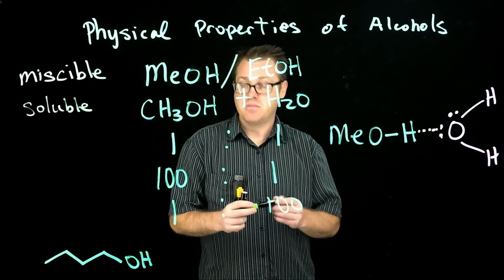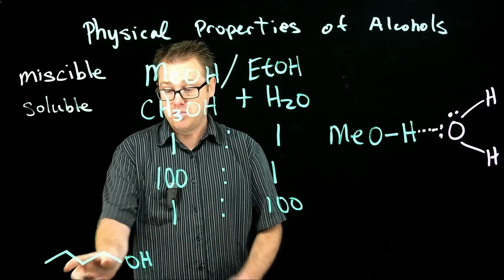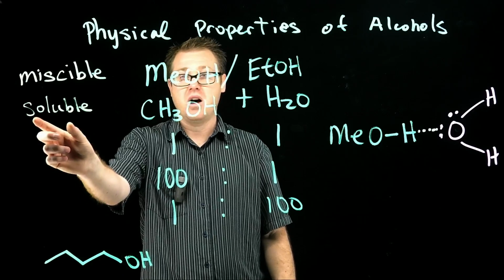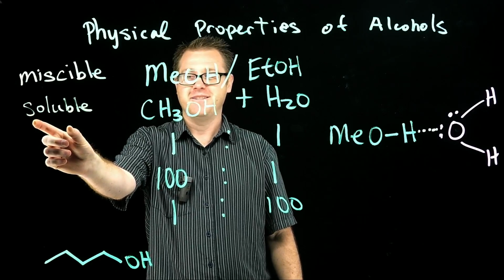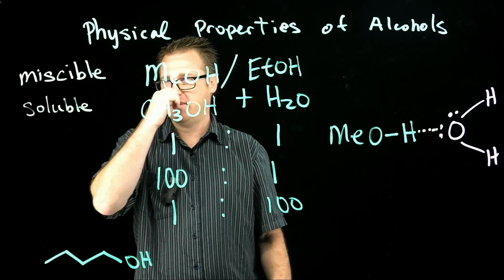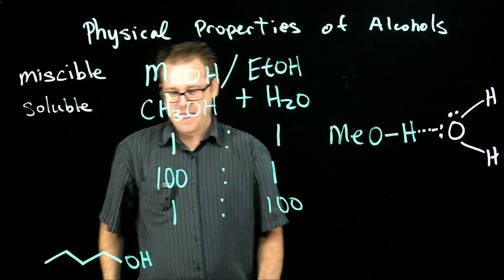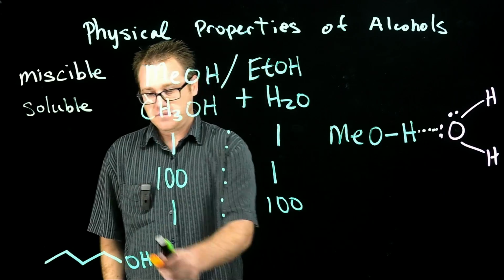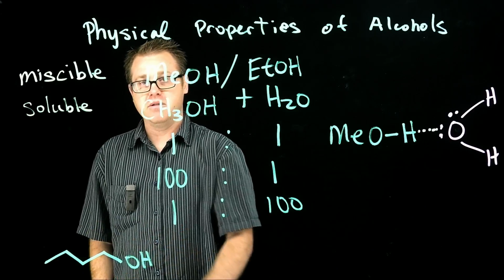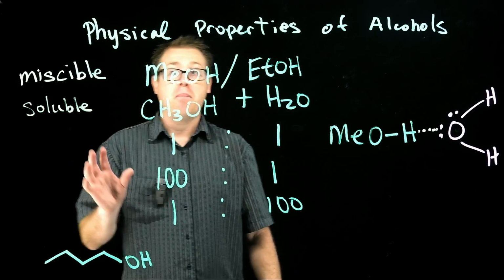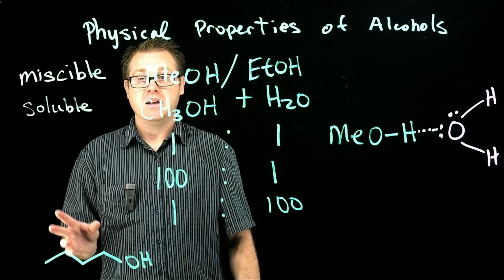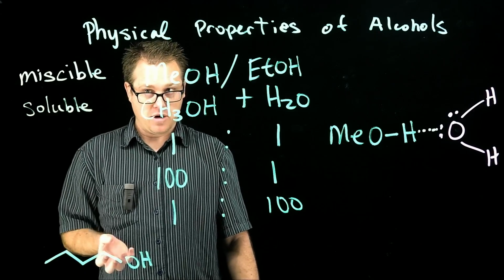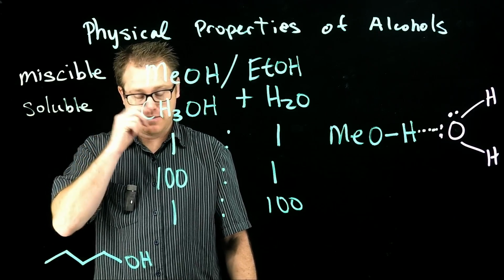And what that means, but butanol is soluble in water. Like, what am I trying to say here, okay? Well, when we talk about solubility with regards to butanol, only a certain amount of butanol is soluble in water, can dissolve in water.